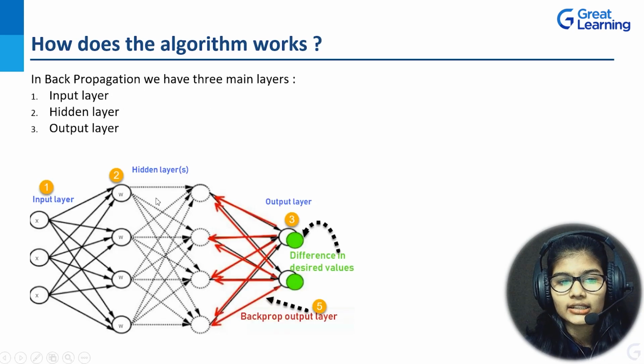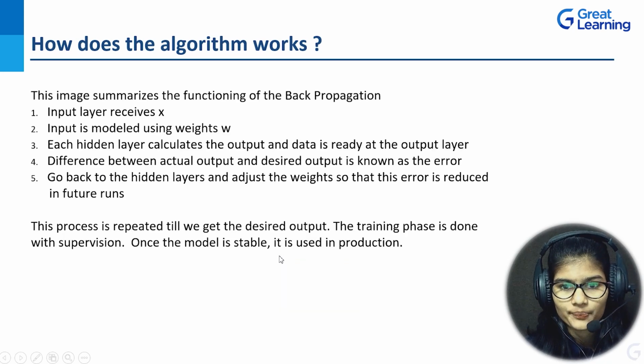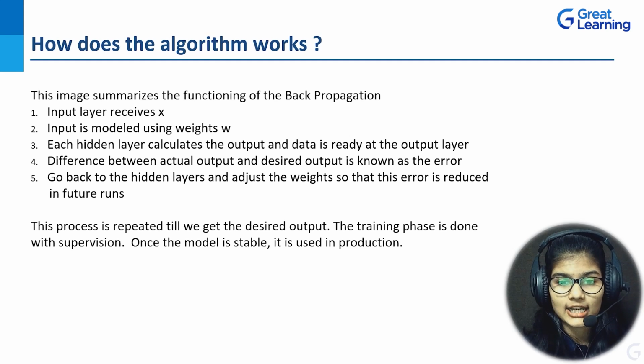The hidden layers collect and process the data for the output layer. The error is the difference between your actual output and your desired output.